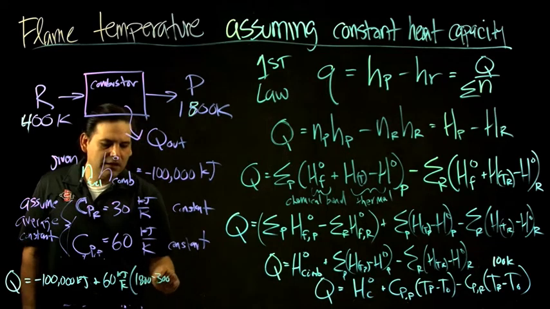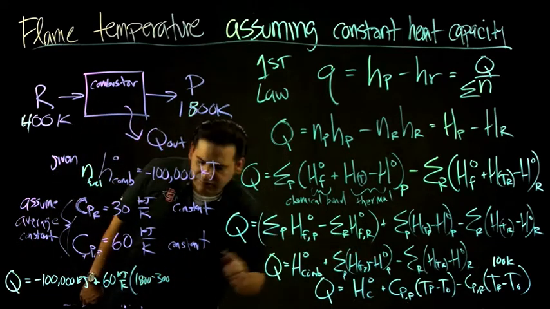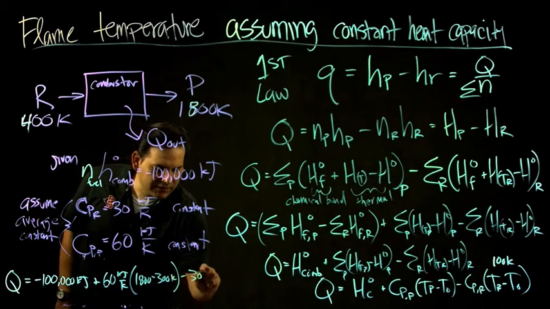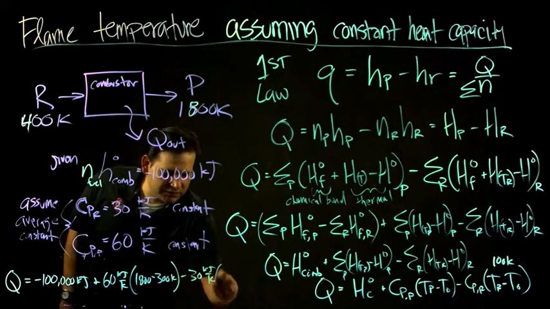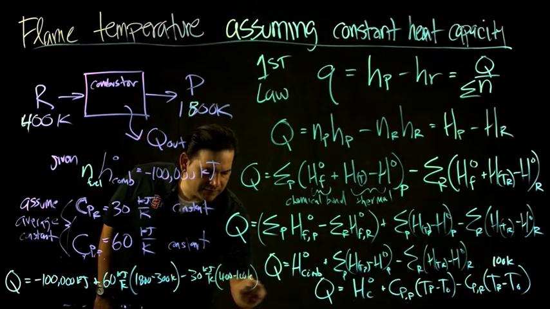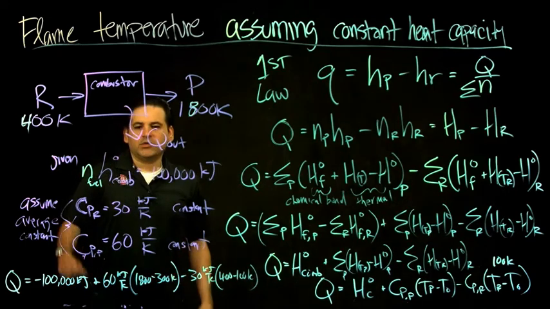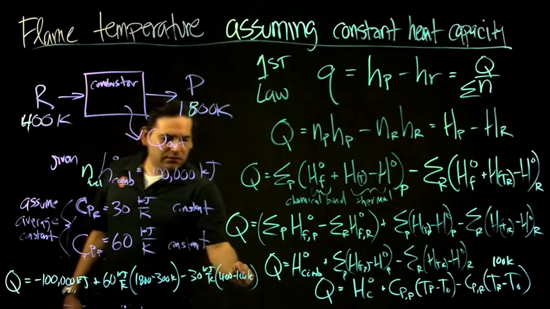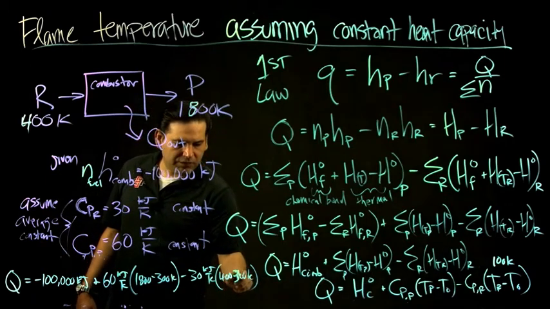That's the standard temperature, approximately, minus 30 kilojoules per Kelvin times 400 minus 100 Kelvin. So that's where I got the 1500, that's where I got the 100. This should be 100.